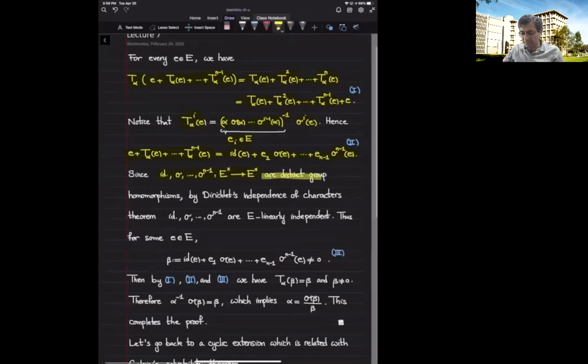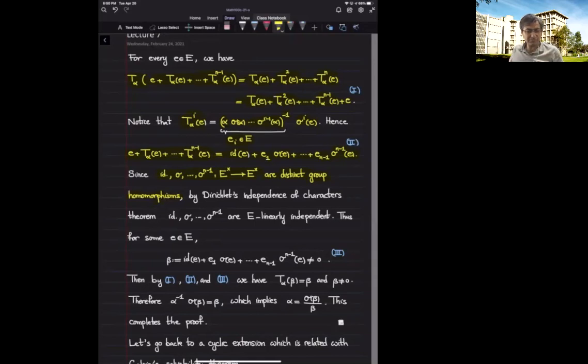You see, the powers of sigma are automorphisms of E. In particular, they are group homomorphisms from the multiplicative group of E to the multiplicative group of E. And these are distinct group homomorphisms because these are distinct automorphisms and all of them send 0 to 0.